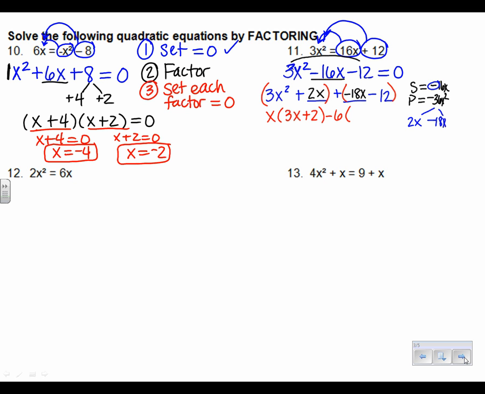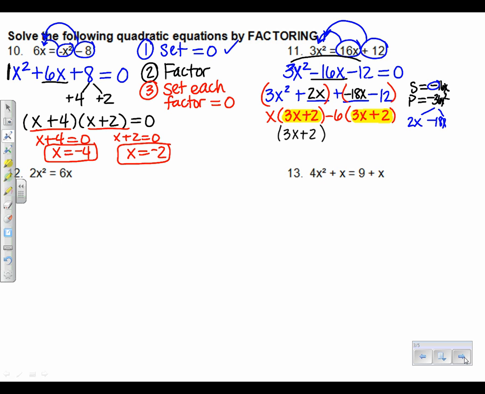And I'm left with 3x plus 2. Notice that the factors inside the parentheses are the same. That's one of my factors. And the other factor comes from the outside, x minus 6. So step number 2 is done. They are all factored completely.